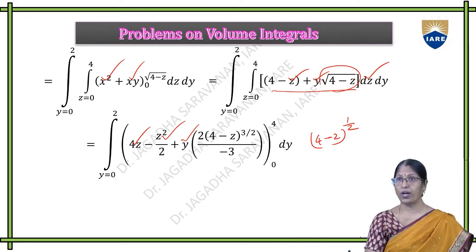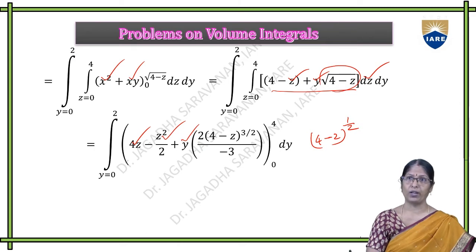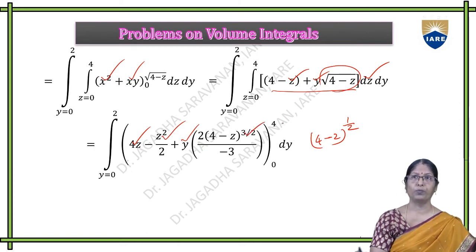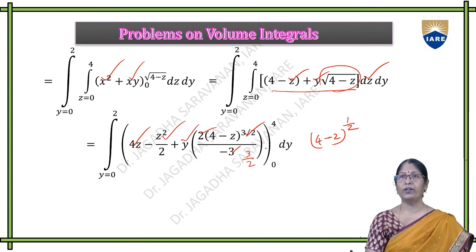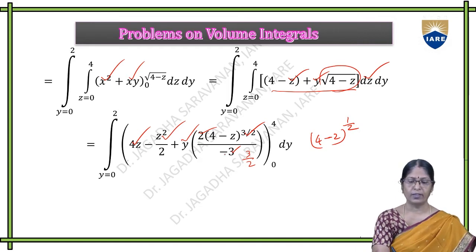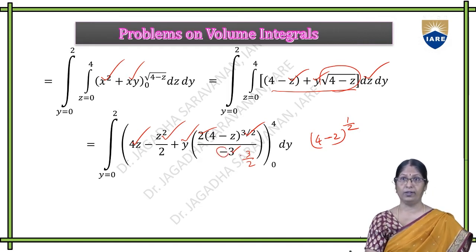So n plus 1, 1 by 2 plus 1, that is 3 by 2. So the down we have to write 3 by 2, that is written reciprocally 2 by 3. But it should be written 2 by 3, but here the negative sign, how has it occurred?